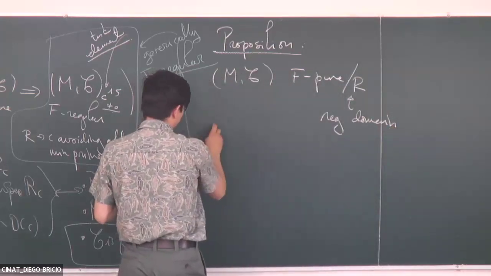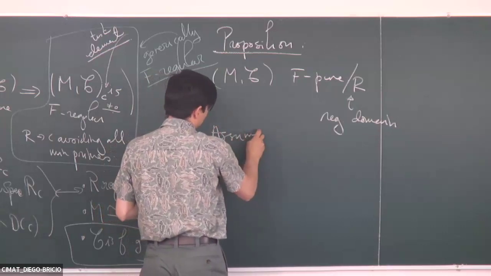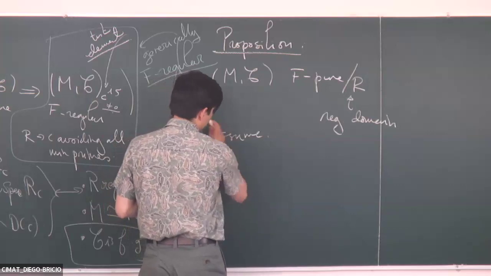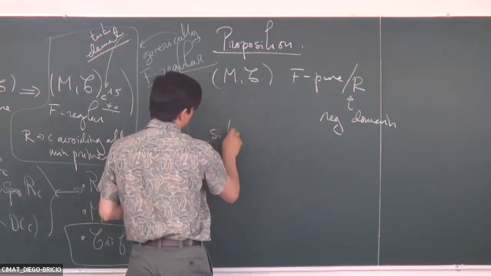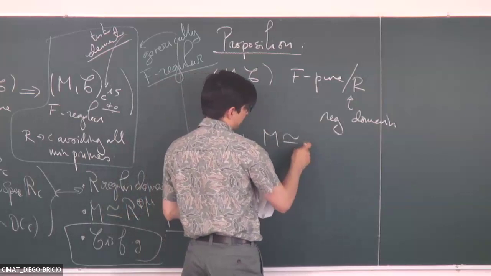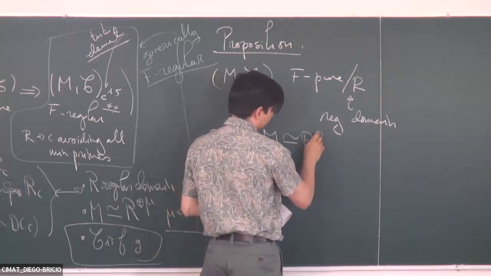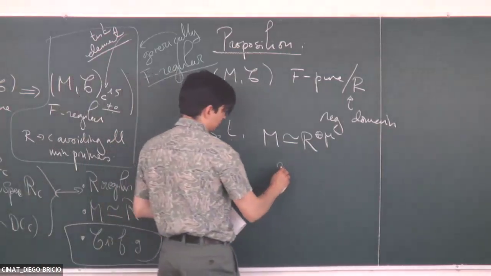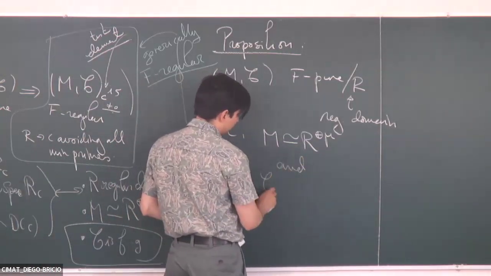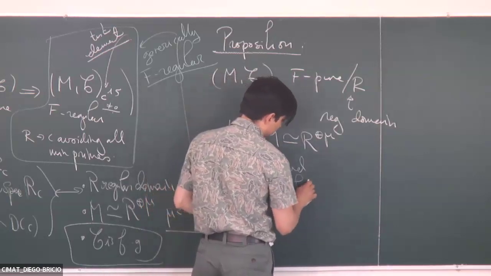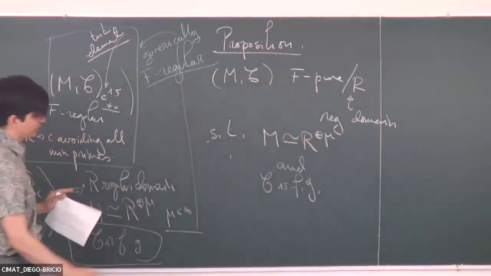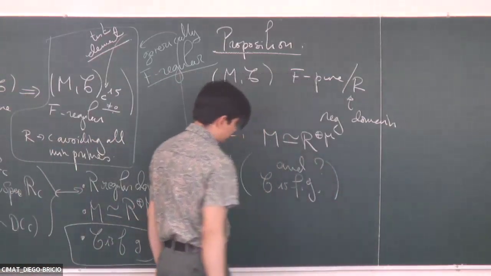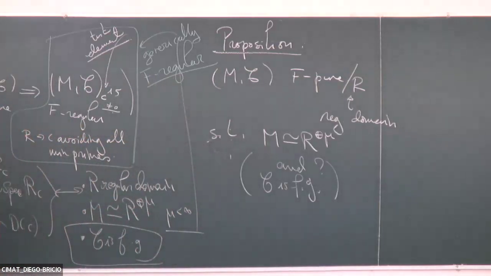And I'm going to assume what I just said, such that M is free. And I may assume that C is finitely generated, but I don't think I need it. I'm going to put it in parentheses. That's the proposition for Manuel's paper.